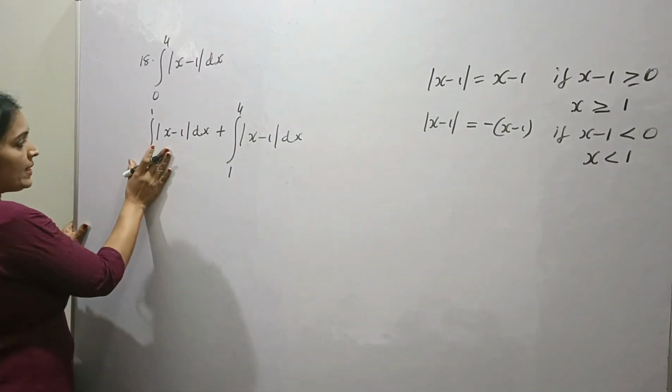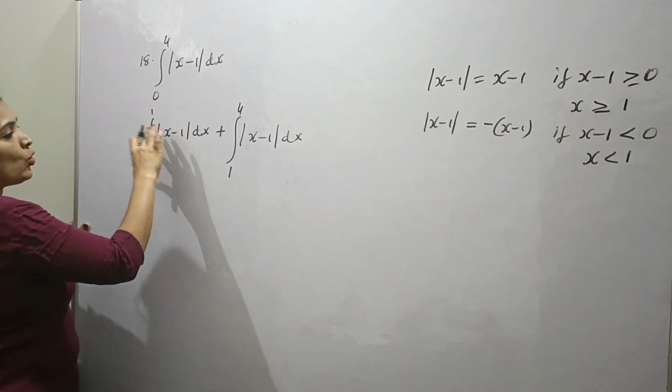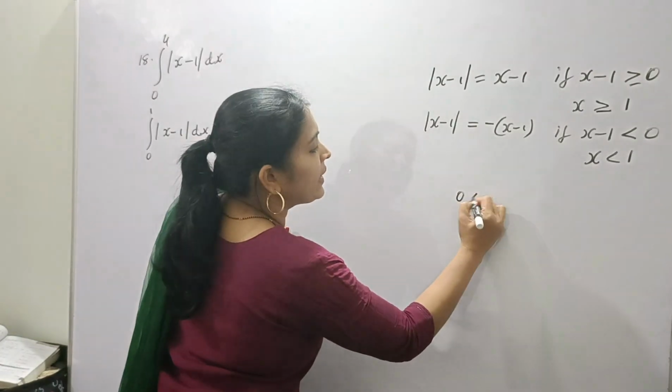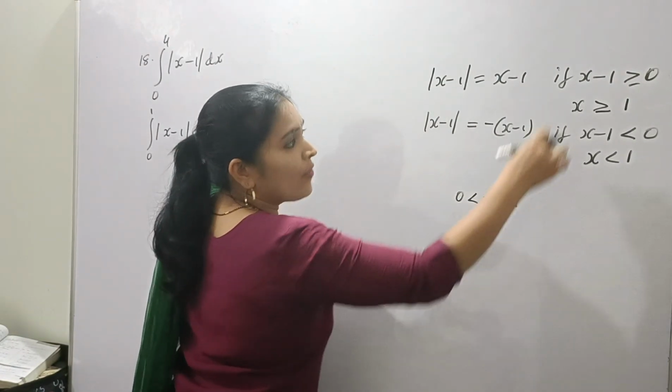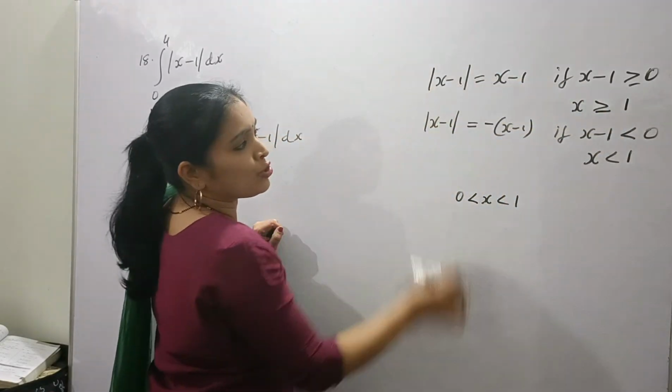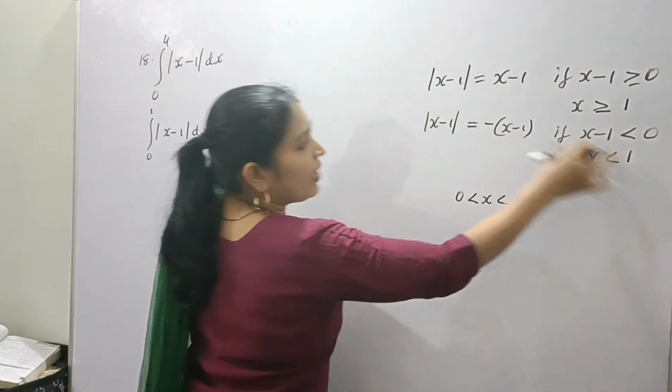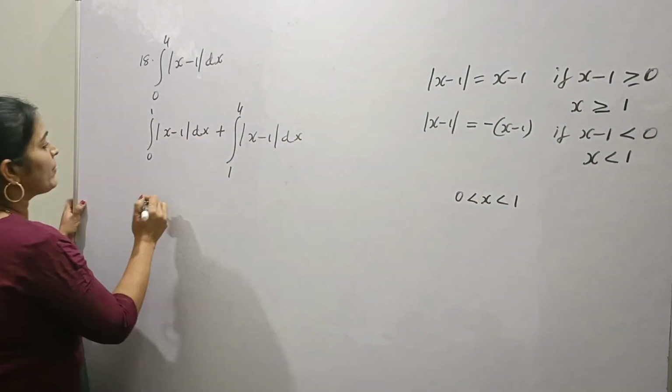See, here the limits are 0 to 1, which means 0 less than x less than 1. Here x is less than 1. When x is greater than 1, it is positive. When x is less than 1, it is minus of x minus 1.